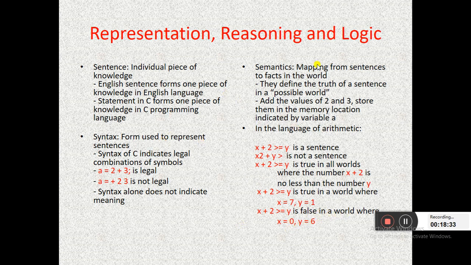So the very important thing to remember in this slide is what a sentence is, what knowledge is, syntax and semantics, and what these are in arithmetic.